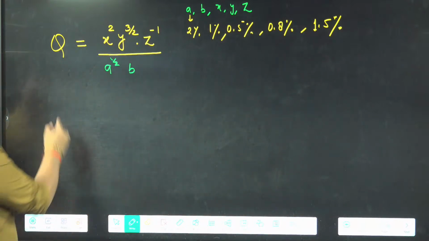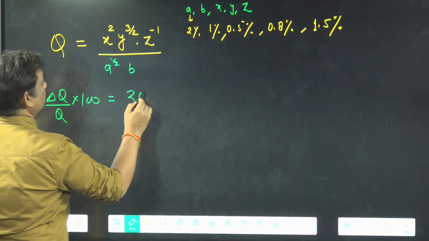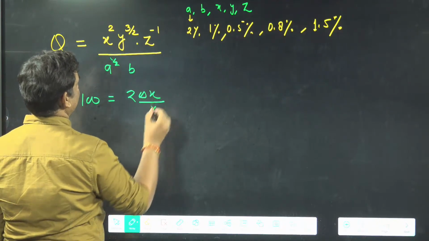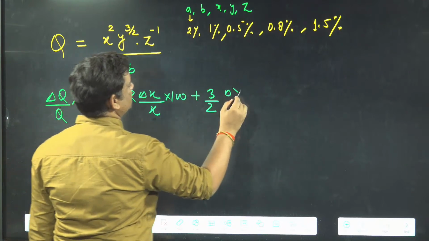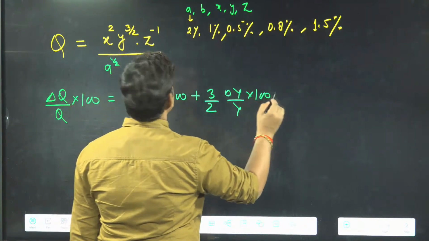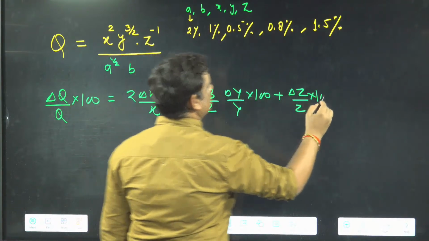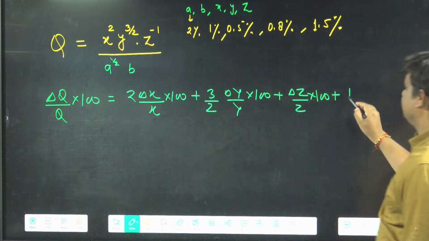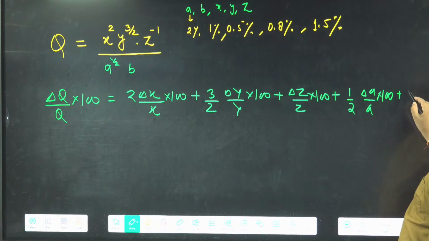So what we can write here: delta Q divided by Q into 100 equals 2 delta x by x into 100, plus 3 by 2 into delta y by y into 100, plus delta z by z into 100, plus half delta a by a into 100, plus delta b by b into 100.